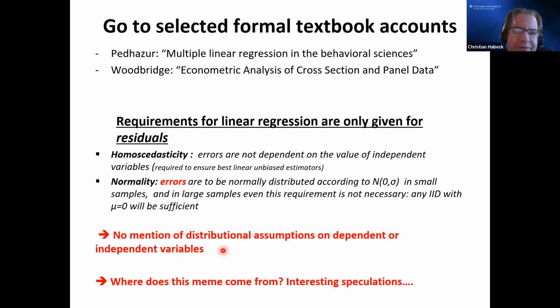So there's no mention of distributional assumptions on the dependent or independent variables themselves, just on the errors. Only in the special circumstance where you have a low number of observations do the errors need to be normally distributed. But if you have a lot of data, even that isn't true. They just need to be IID, or identically and independently distributed.